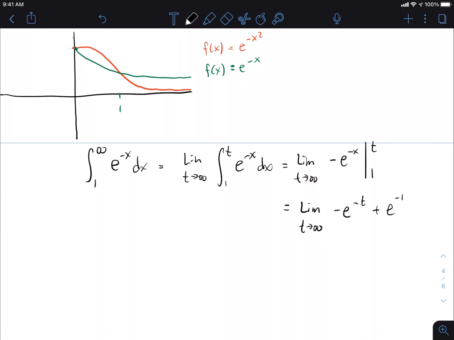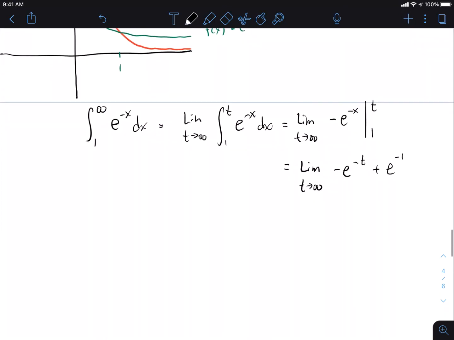Yes. Okay. So what's going to happen to negative e to the negative t as I go to infinity? What value does that go to?